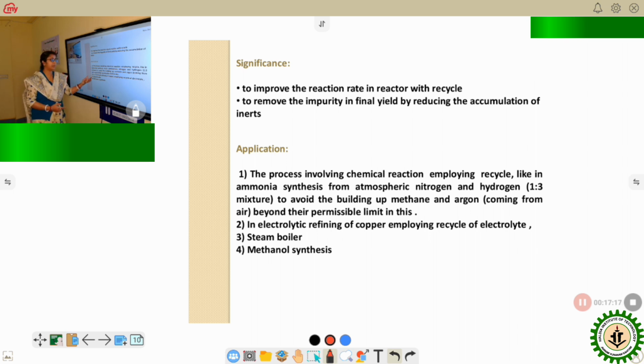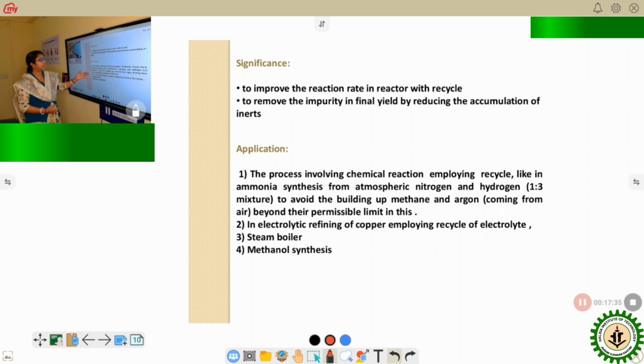If those are built up, then it can hamper the synthesis of ammonia. So to avoid that difficulty, the purging operation is carried out.